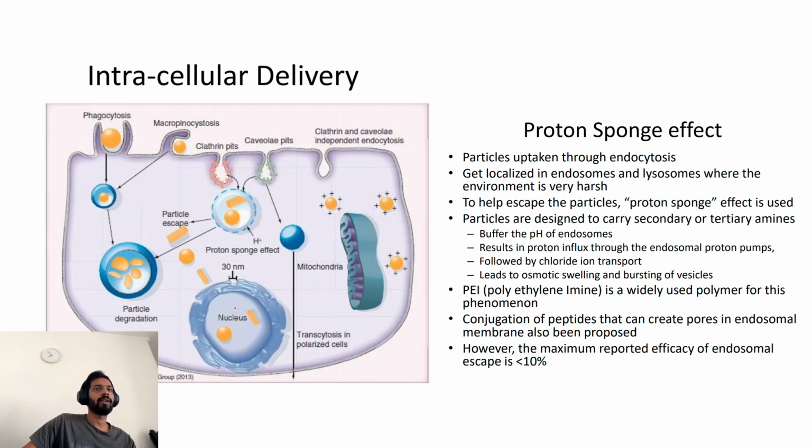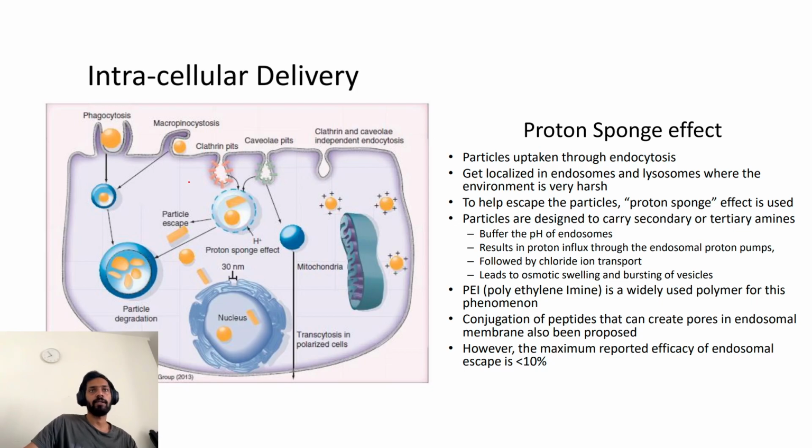It cannot reach the nucleus, the mitochondria, or any of the enzymes that we might want to target outside the endosome. So ideally we want this particle to come out of this endosome. Even though a macrophage or a dendritic cell is phagocytosing your particle and it's ending up in the endosome, you want the particle to come out and then release its drug.